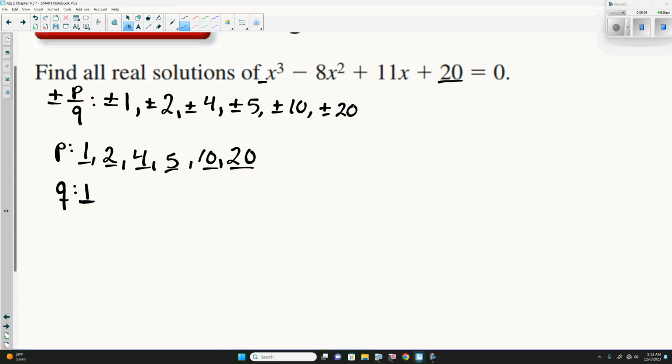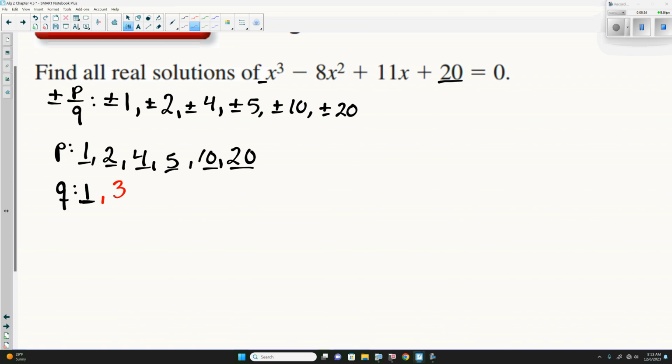Now with the rational root theorem, we'll always get this form here, plus or minus all the factors of p, because the first number we have to divide it by is 1. Now if we had another value of q, let's say 3, we would do this again, plus or minus 1 divided by 3, plus or minus 2 divided by 3, 4 divided by 3, 5 divided by 3, 10 divided by 3, and 20 divided by 3.